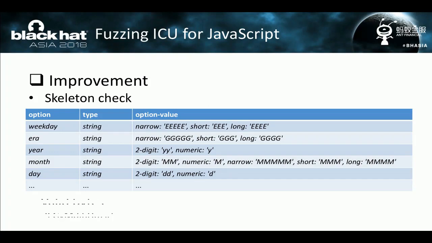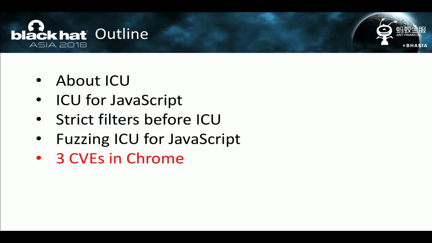So the valid bytes of skeleton can be only this string. So we must check that bytes in skeleton must be in this string. Otherwise it will return false. So after the check is added, the fuzzer is more accurate.